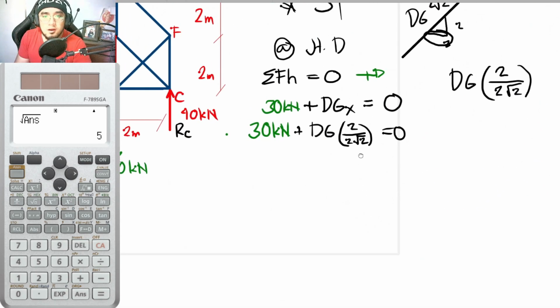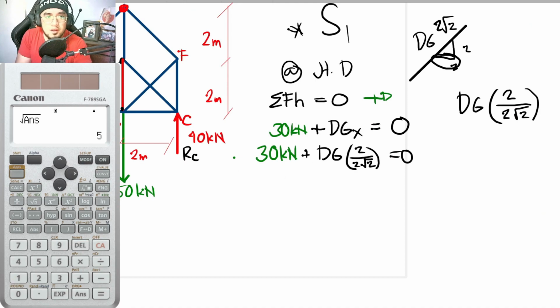So going back here, we can now solve for the value of DG. Solving for the value of DG, that is equal to negative 30 times 2 square root of 2 divided by 2.